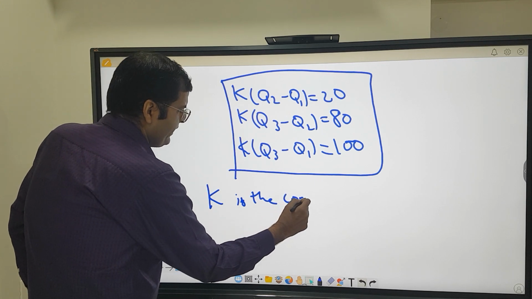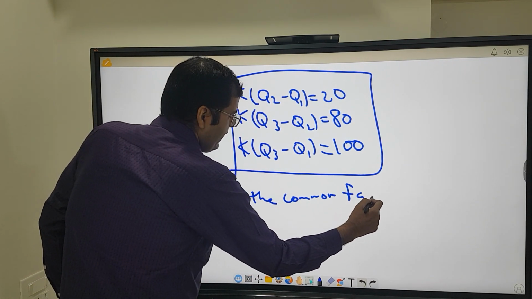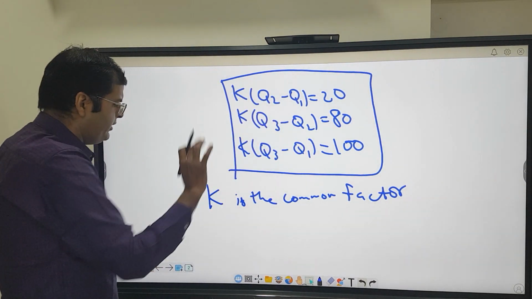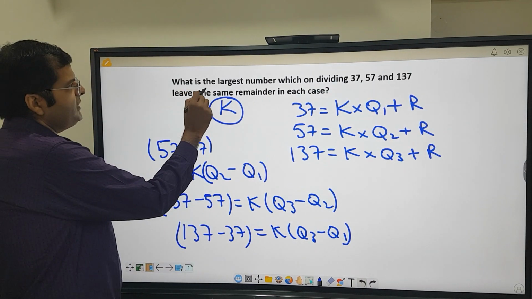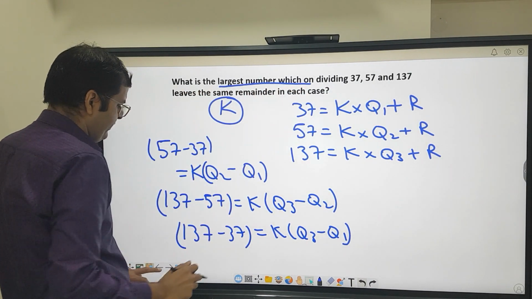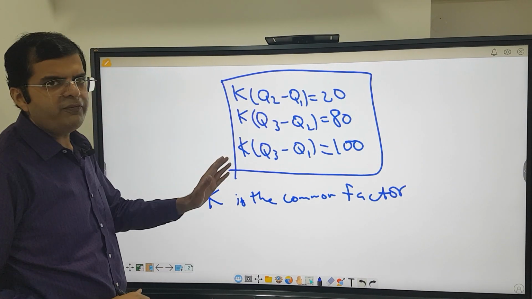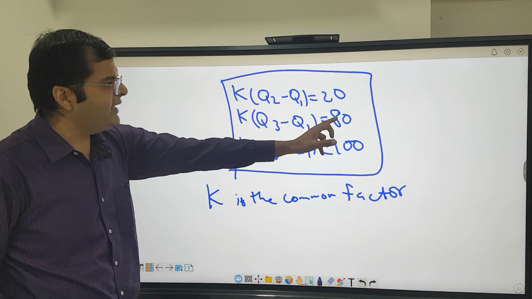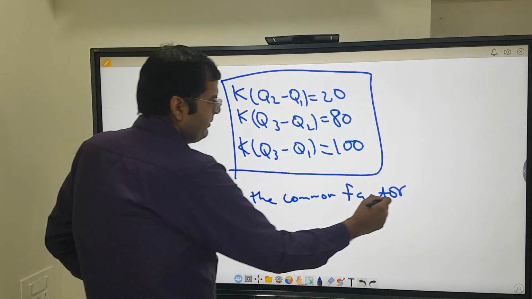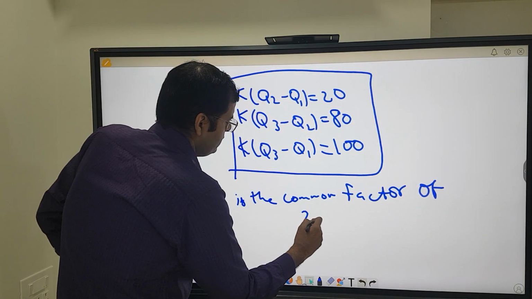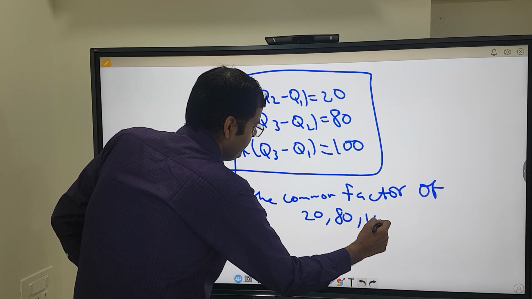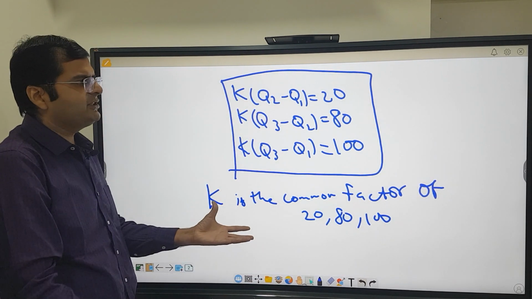I have to find the maximum value of k possible, because the question is what is the largest number which on dividing leaves the same remainder. So k is a common factor of these 20, 80 and 100, and k has to be the maximum such number.